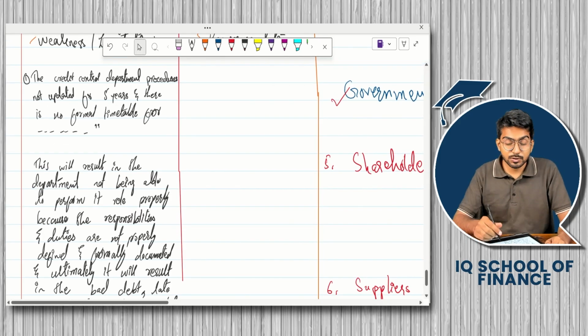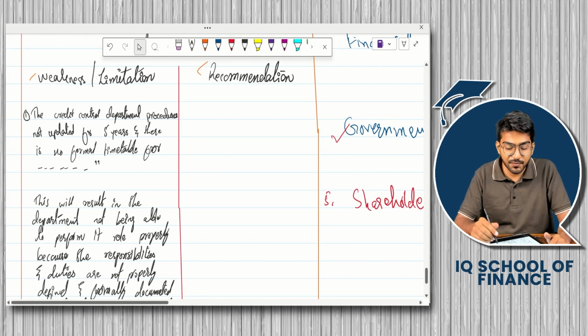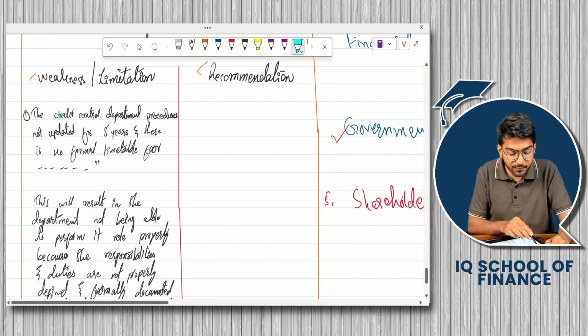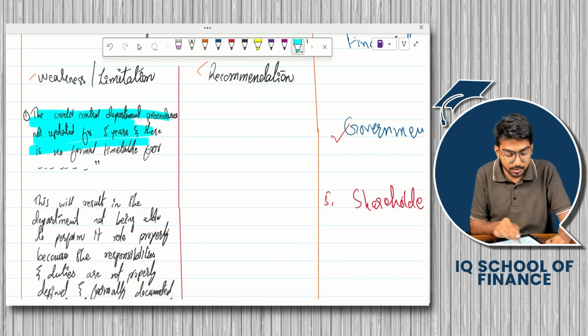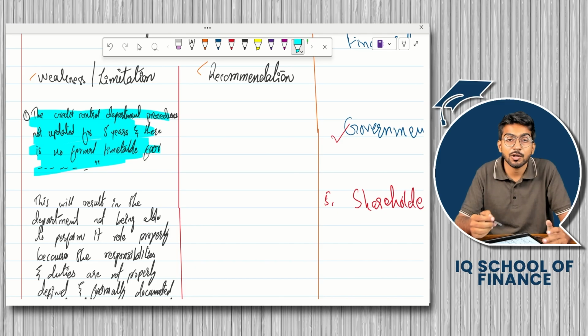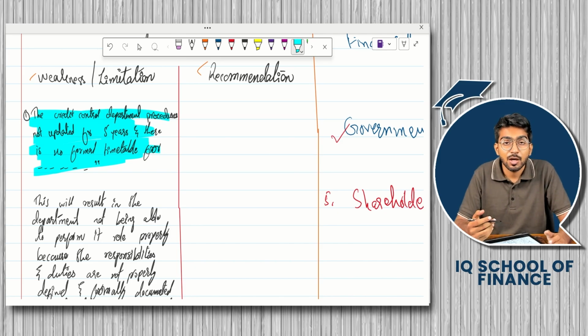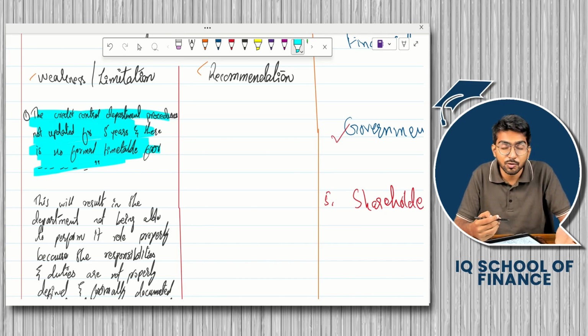Okay, so now see how simply I have drafted the answer. I have copied and pasted point number 1 here, that the credit control department has no procedure, and the procedure has not been updated for 5 years. There is no timetable for invoicing, chasing, reminders, and everything, right?